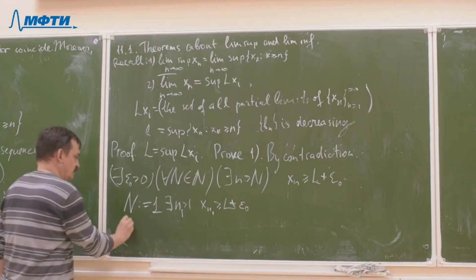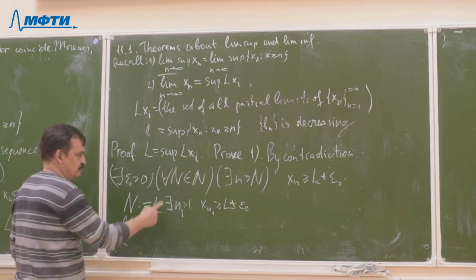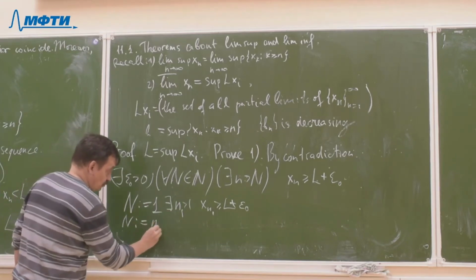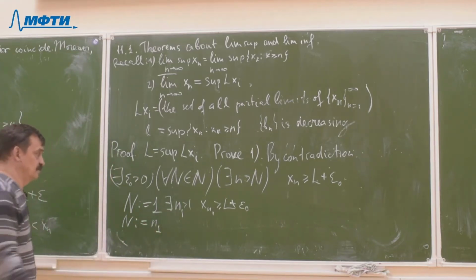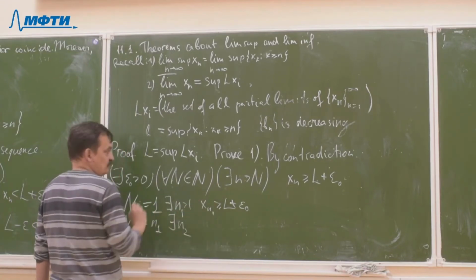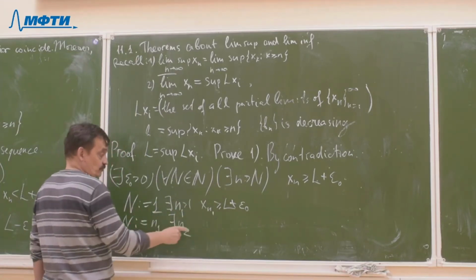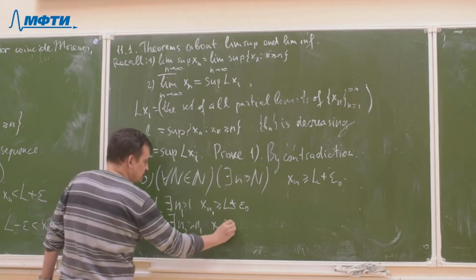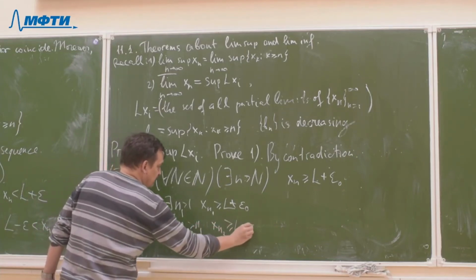Then I'll take N equal to n1. So then there exists a number which I'll denote by n2, greater than n1, such that x_n2 is still greater or equal than L plus epsilon naught.